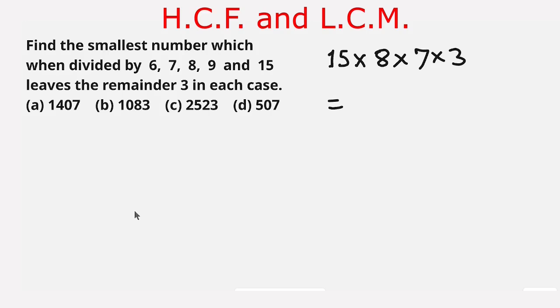15 times 7 is 105. 105 times 8 is 840. And 840 times 3. 800 times 3 is 2400. And 40 times 3 is 120. 2400 and 120 is 2520.